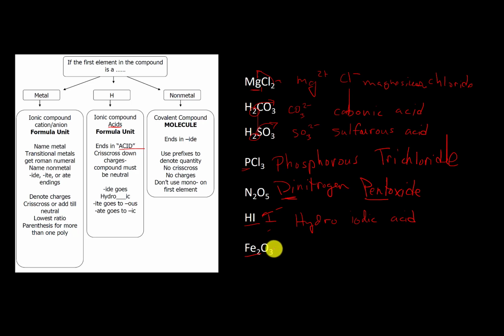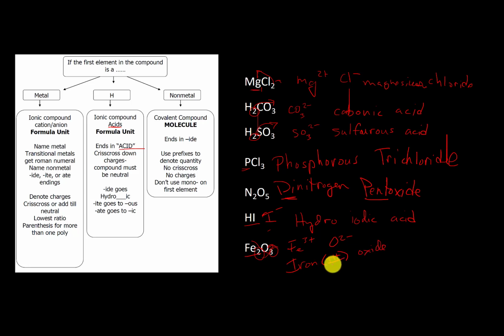So let's figure out in this case, all we can do is this crisscross thing here. And we're getting Fe 3+ and O 2-. Those are our two ions. And so here on iron, we put iron. We need to have Roman numerals, so we go 1, 2, 3, and oxide.